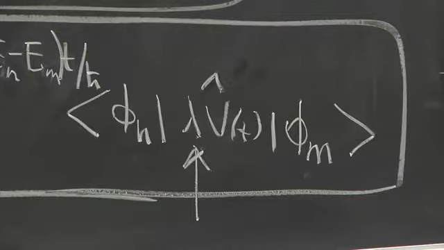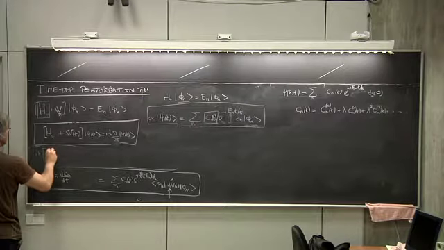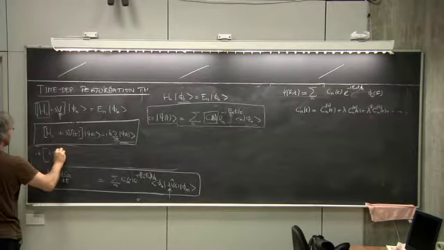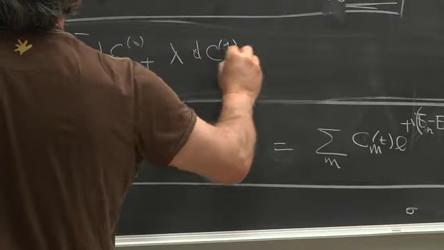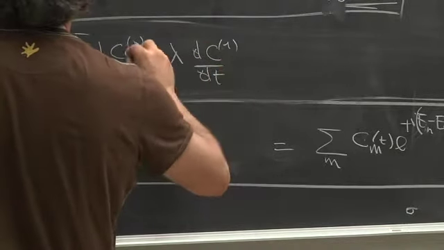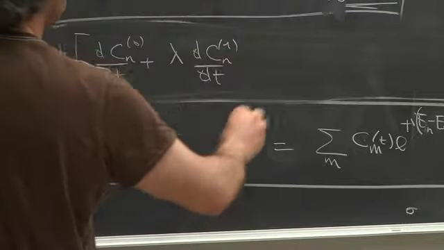So on the left I have i h bar, then I have the derivative of C0 with respect to time, plus lambda, the derivative of C1 with respect to time. Well, I should put the n everywhere.